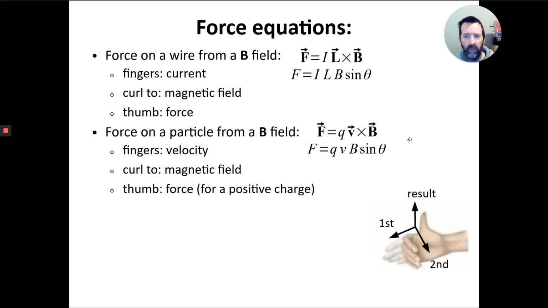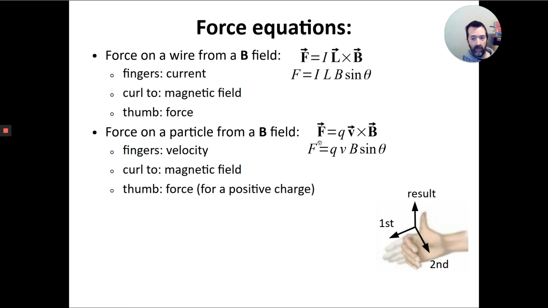So if the particle is positively charged, like in the examples that you've seen so far, the direction that you get from the right-hand rule is fine. But if Q has a negative value, then that needs to reverse the direction of the force.